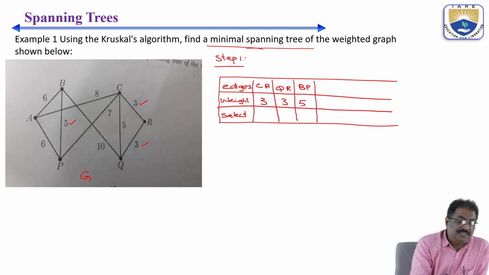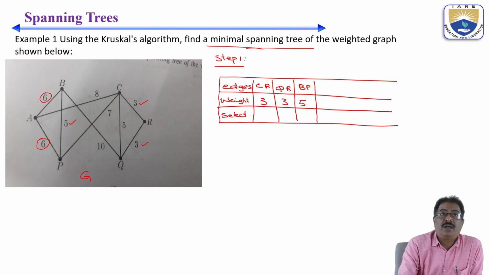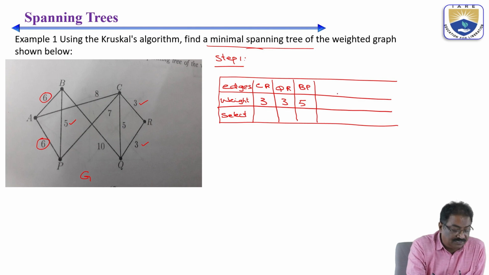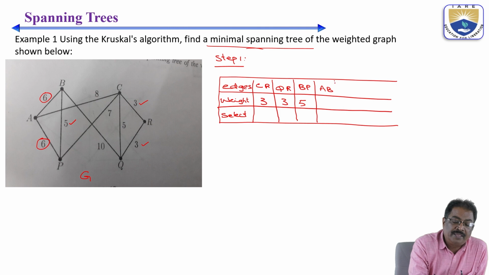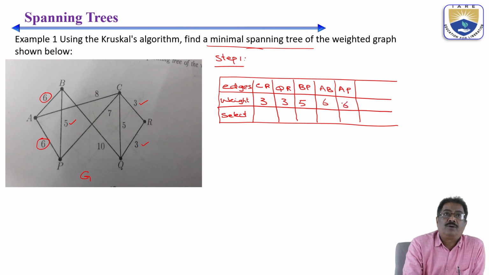Then the next weight is 6. So we have to consider the corresponding edges. Let us say AB, and in any order AP, which is also 6. So 6 is over.